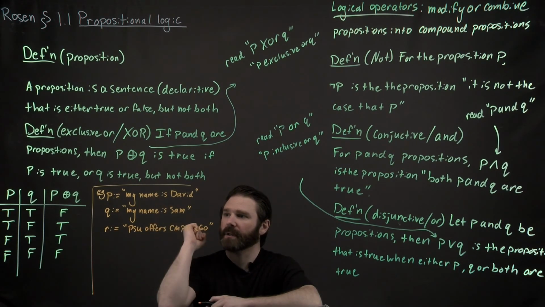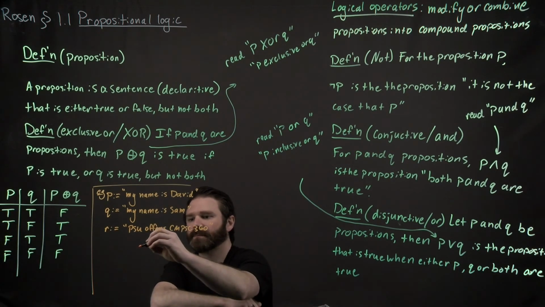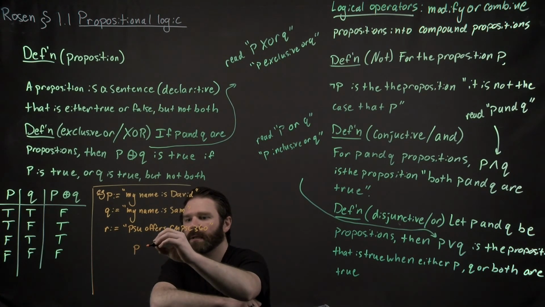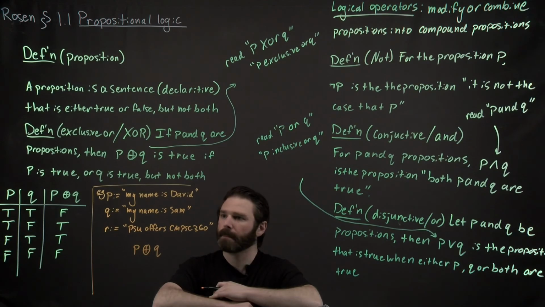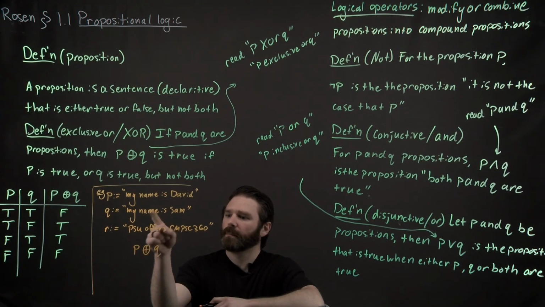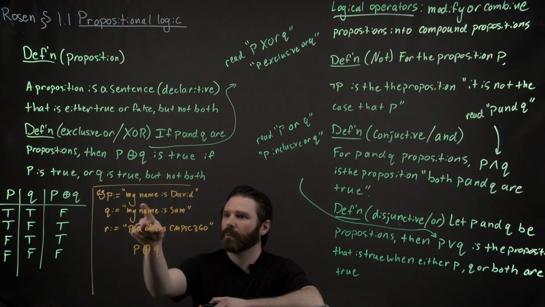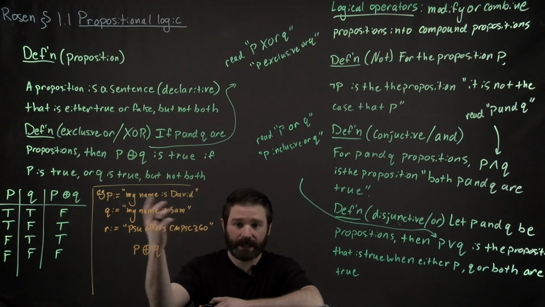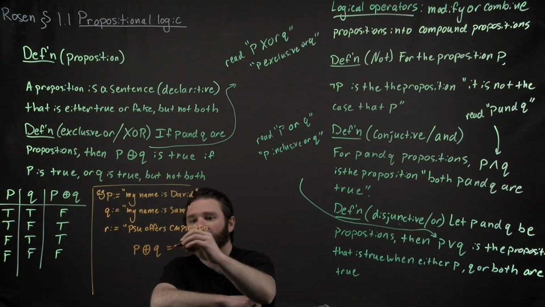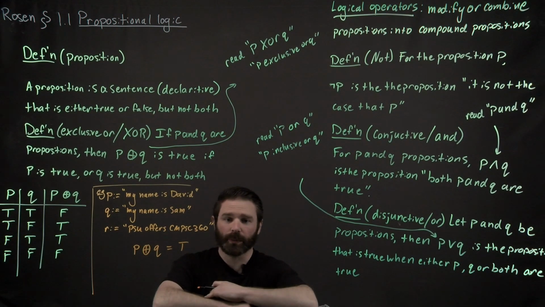So in particular, if we were to look at P XOR Q, well, P XOR Q, either one is true or the other is true, but not both. Well, P is true. Yes, my name is David. Q is not true because my name is not Sam. So this thing right here is true.